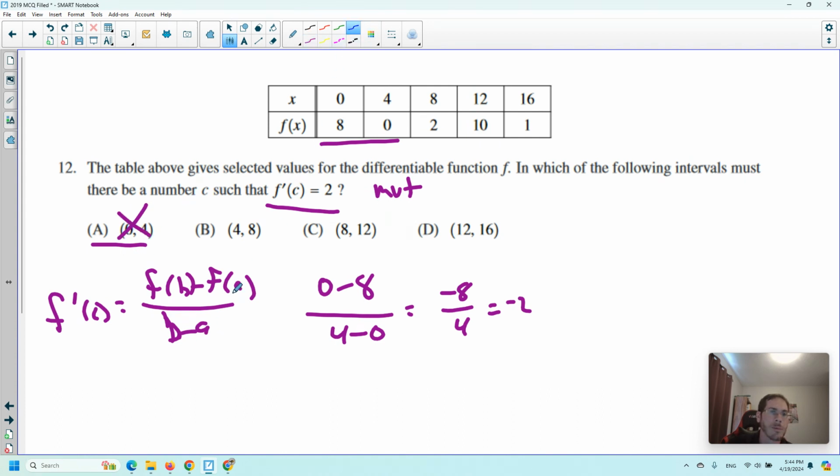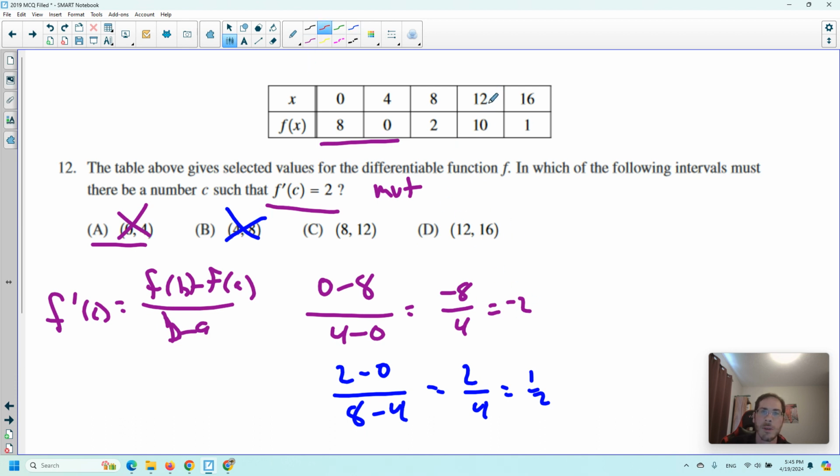All right, next up, from 4 to 8. If we do that, we got y2 is 2 minus y1 is 0 over x2, 8, minus x1, 4. 2 over 4 is a half. All right, let's go from 8 to 12.